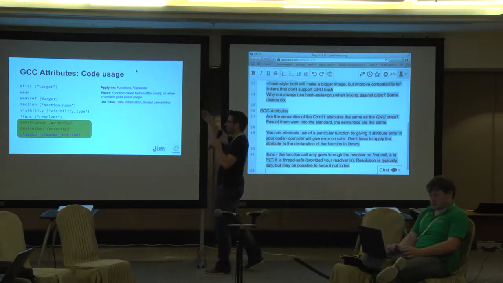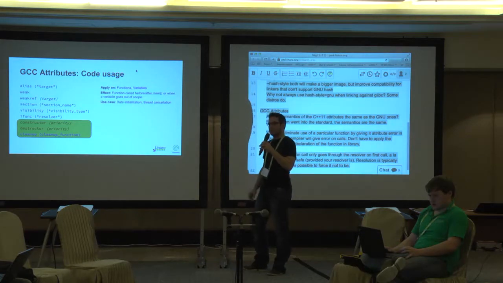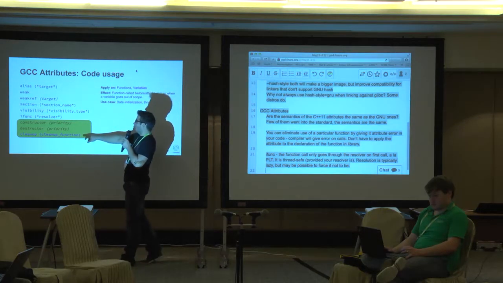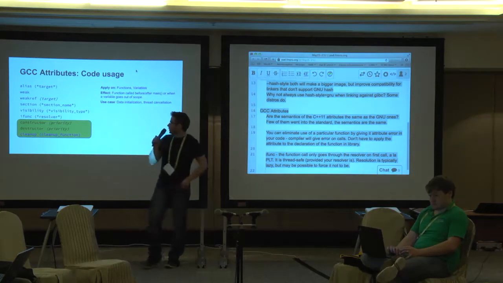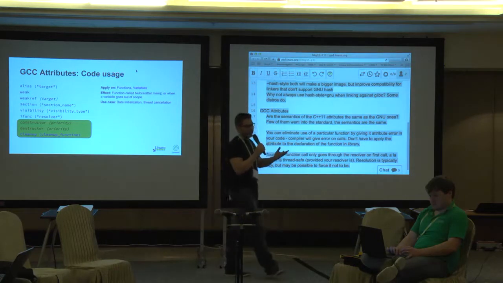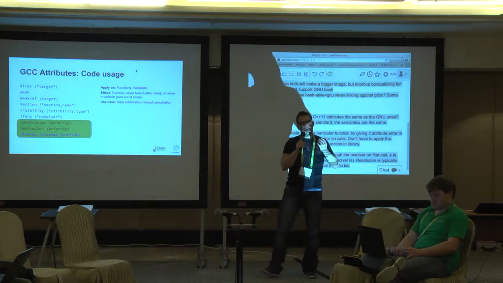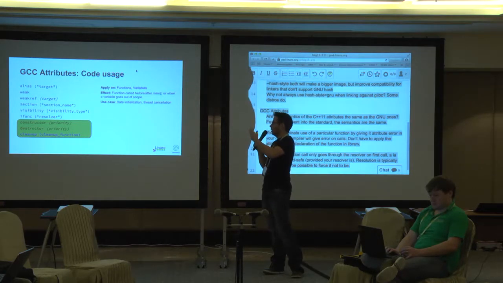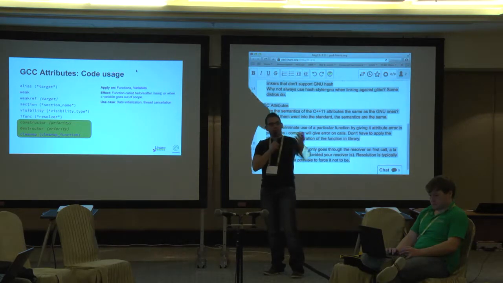You can pass priority too. This is like init and fini sections. And this one, cleanup, applies on variables, and you specify for one variable which function to call when the variable goes out of scope.